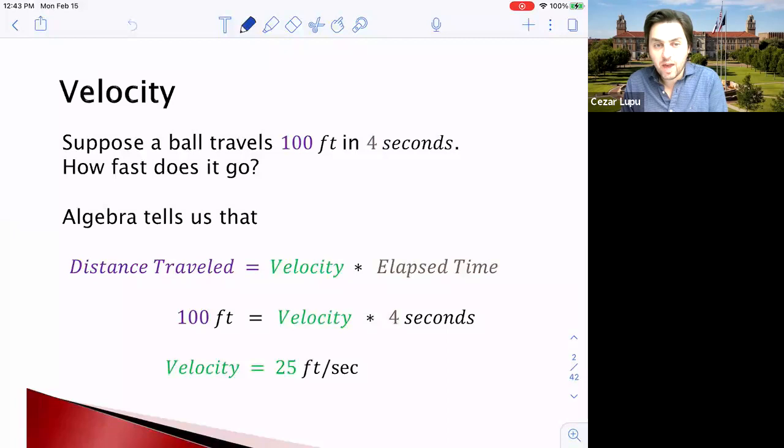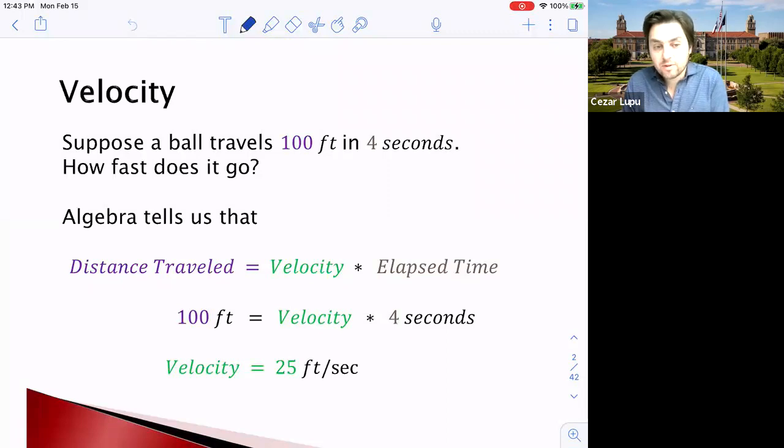So suppose that a ball travels 100 feet in 4 seconds. The question is how fast it will go. So that is the question that we would like to answer. Basically the algebra tells us that the distance traveled is nothing else than the velocity times the elapsed time, right?